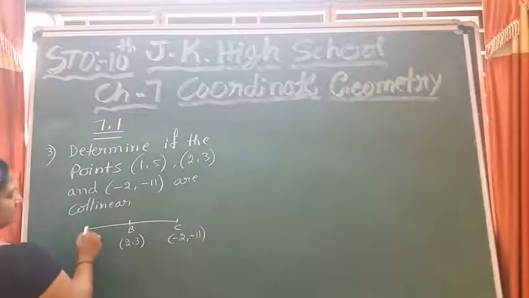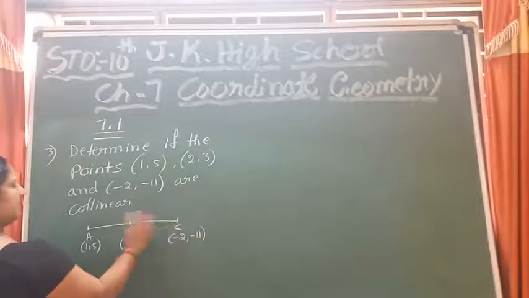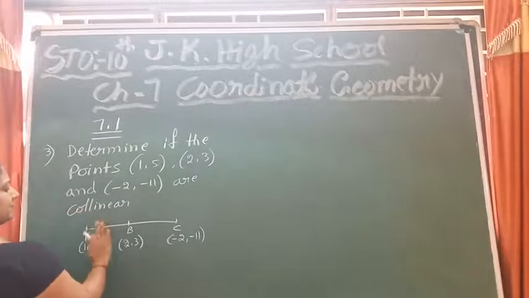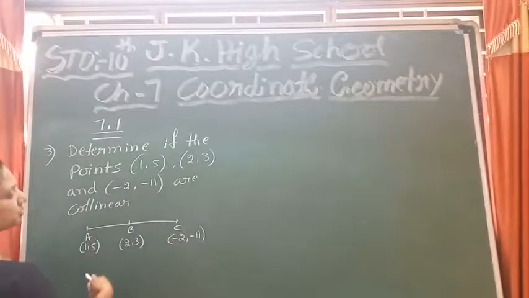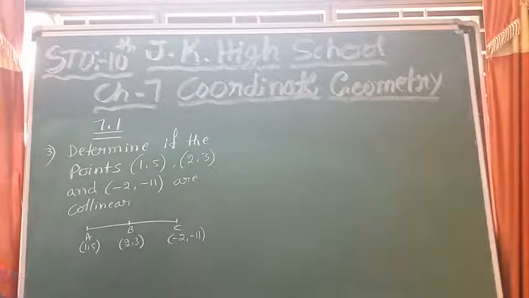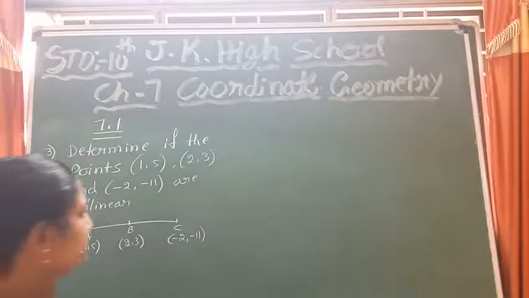Now I will find out the distance between AB, BC and CA. If the sum of two of these is equal to the third, then these 3 points are collinear. Otherwise those 3 points are not collinear. So I am going to find out by using the distance formula.